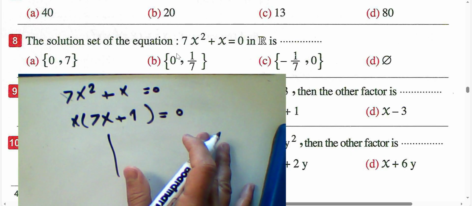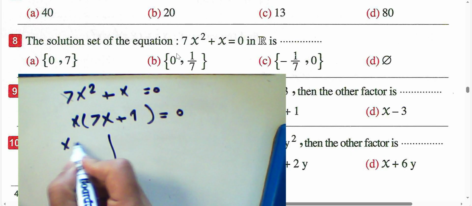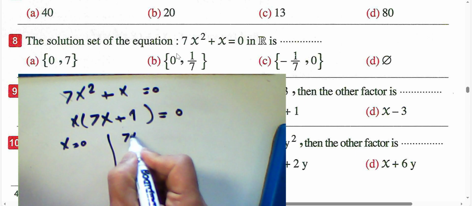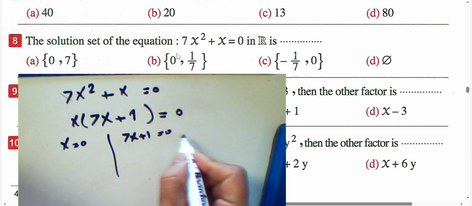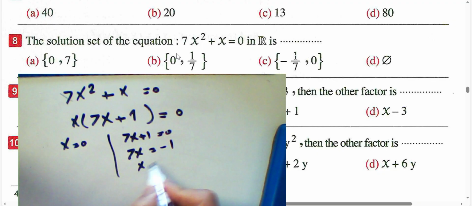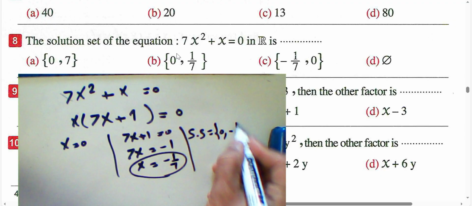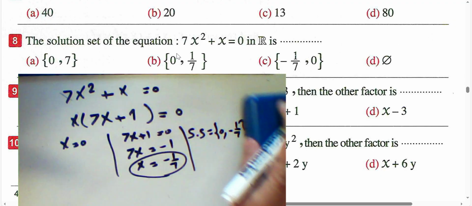We have two solutions. The first is 0 or the second is 0. Then x will be equal to 0 or 7x plus 1 equals 0. We can move 1 to the left-hand side but change the sign. 7x equals negative 1 and then divide by 7. The result will be negative 1 over 7. Then the solution set will be 0 and negative 1 over 7.